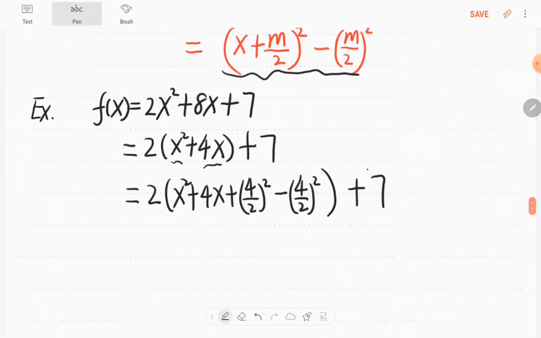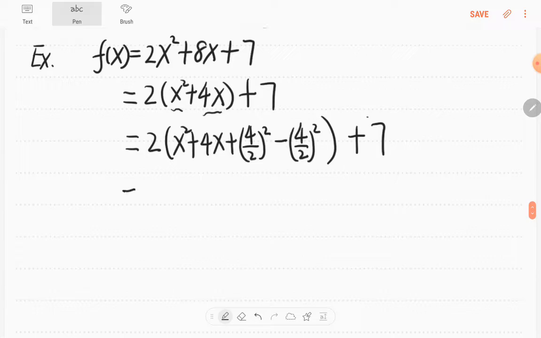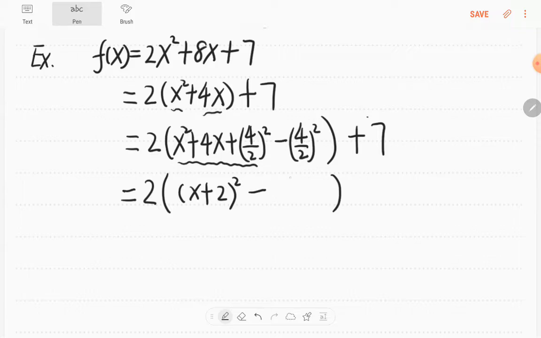Now we know the first three terms form a complete square, which is (x plus 4 over 2) squared, which is (x plus 2) squared, then minus 4 again, then plus 7.